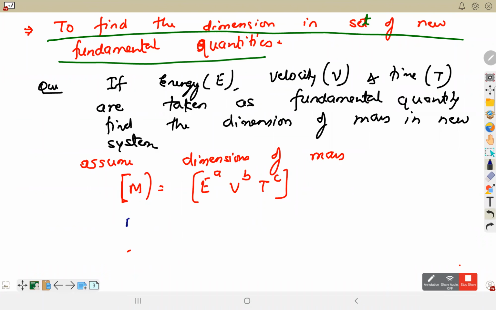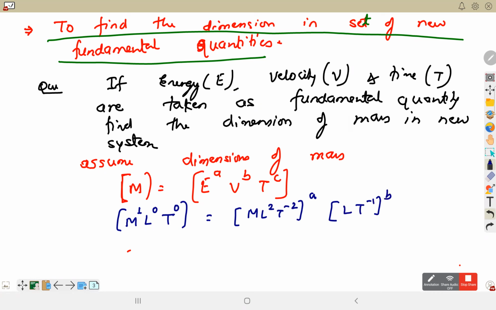Mass has dimension M1, L0, T0 in the known system of units. Now we can equate them only when the dimensions of both sides are the same. The right hand side: energy is ML2T minus 2 raised to power a, V is velocity whose actual dimension is LT minus 1 to the power b, and T raised to power c.